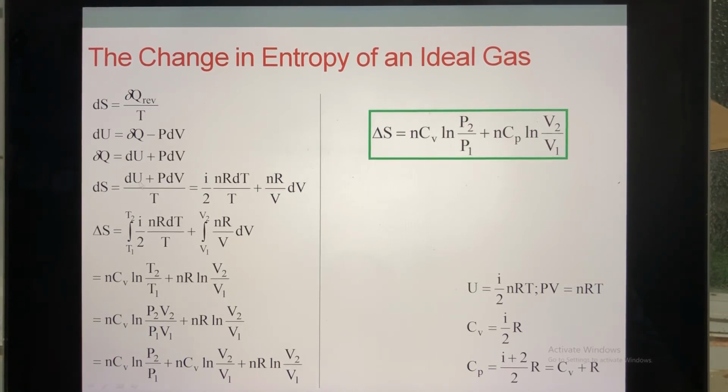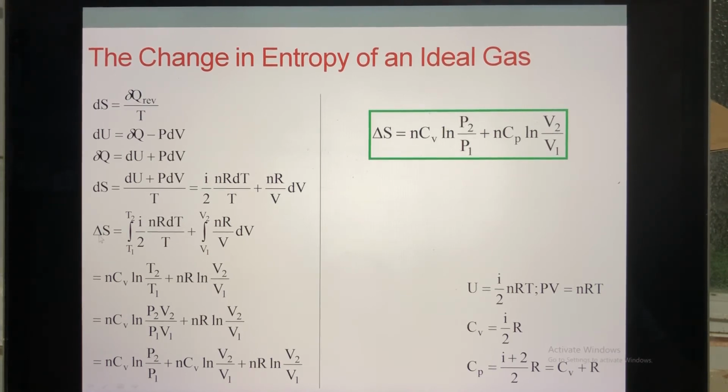T in the numerator and T in the denominator cancel out, so you have this formula, and then you do the integration here and here.